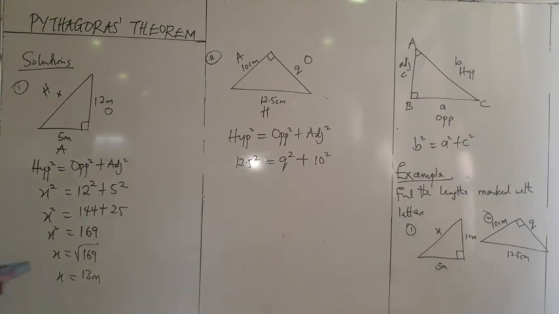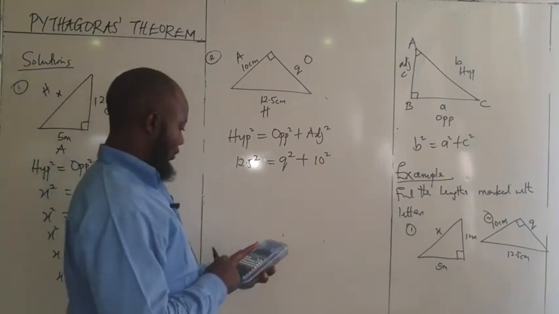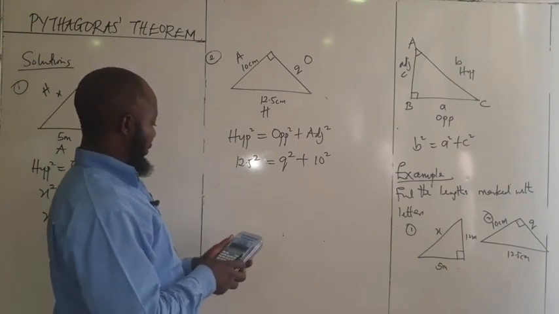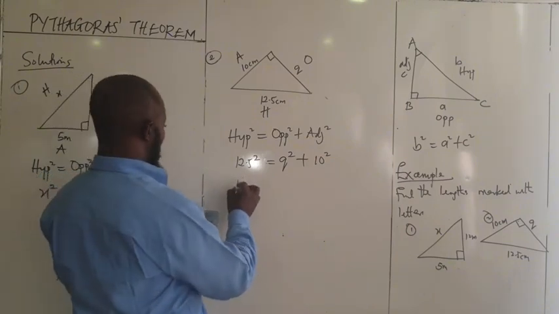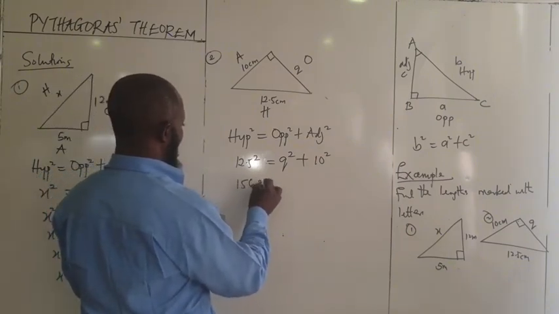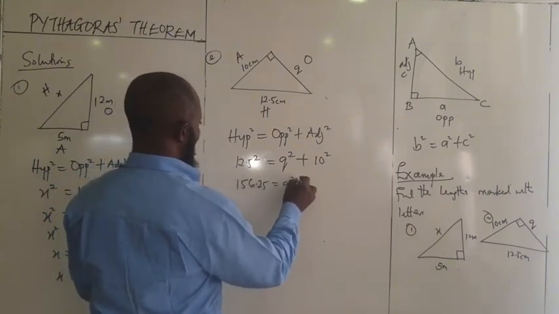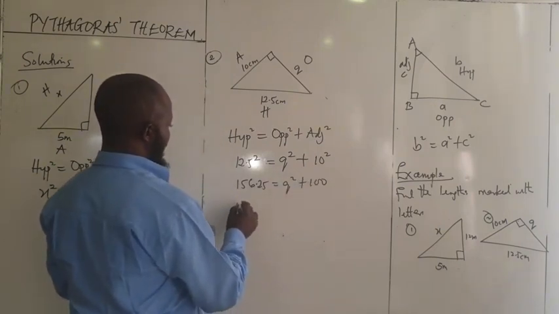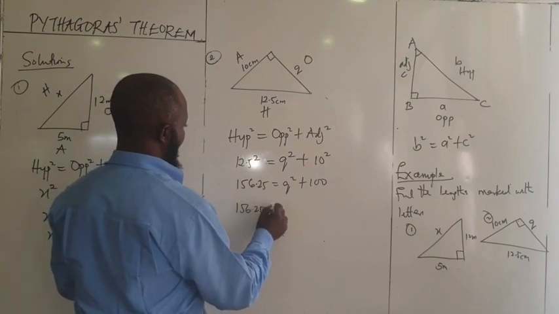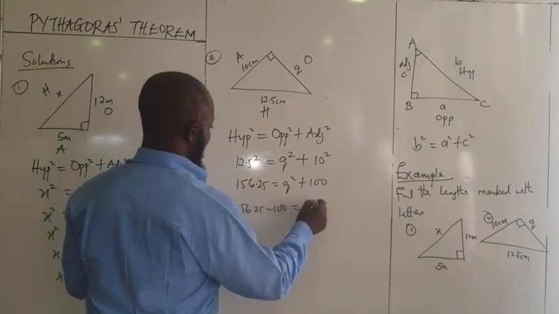So that would be 12.5 squared, which gives us 156.25 equals q squared plus 100. So we collect like terms. That will be 156.25 minus 100 equals q squared.